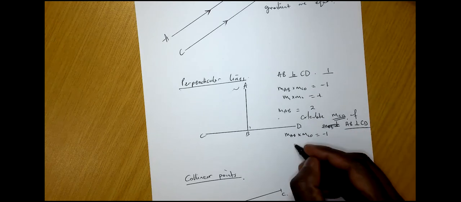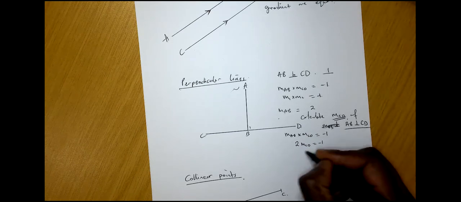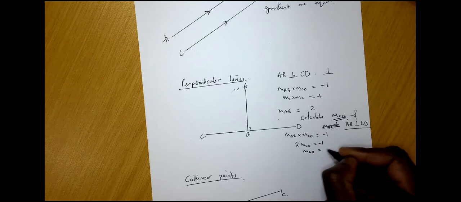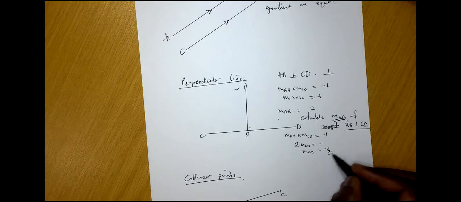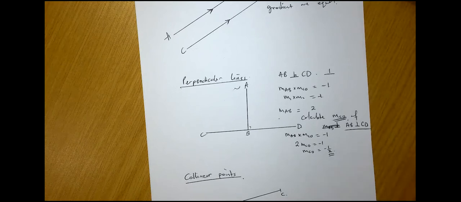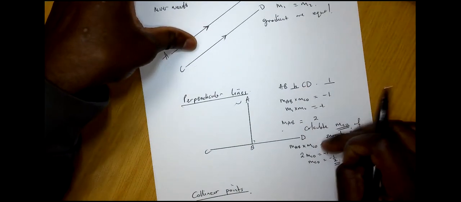You substitute here, it's going to be 2 times MCD is equal to -1. Then MCD is equal to -1 over 2, because we divided by 2 on both sides. That's how you calculate the gradient of CD. Given one, you just substitute, equating to -1, then you solve.